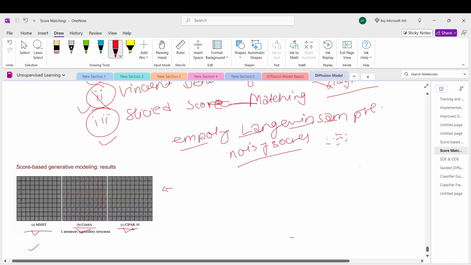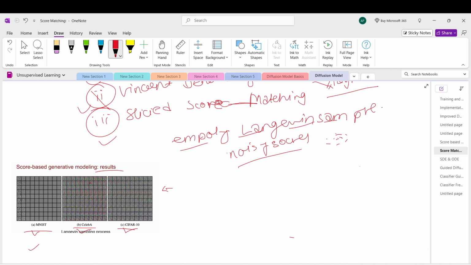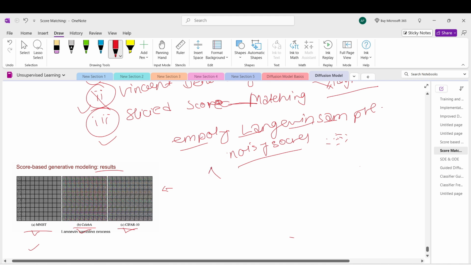From these results you can see that we are missing something. We are on a track of making score matching more practical, but right now there are some pitfalls.